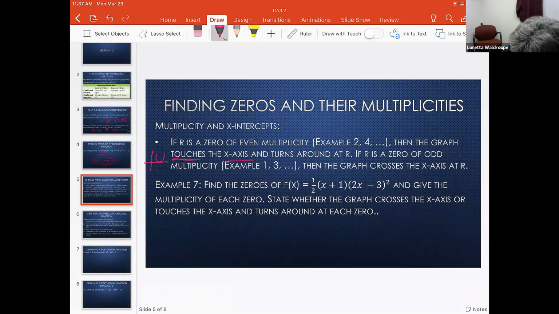When it crosses the x-axis, then it's odd.